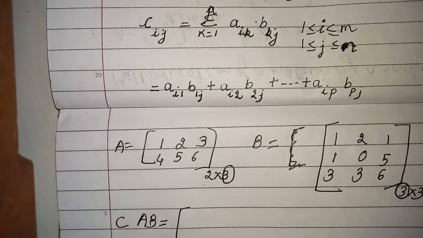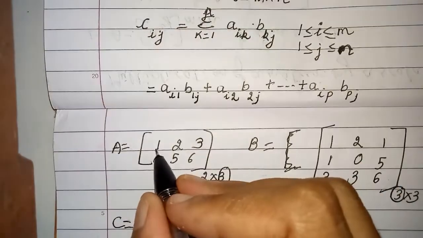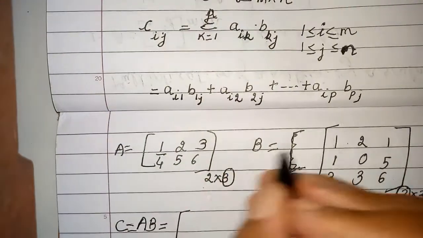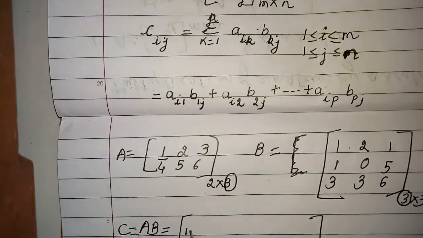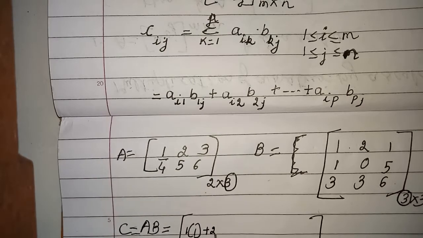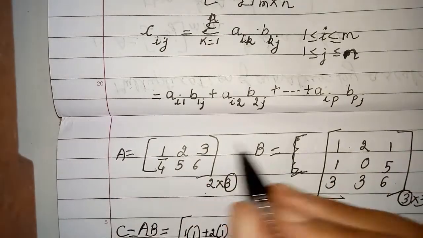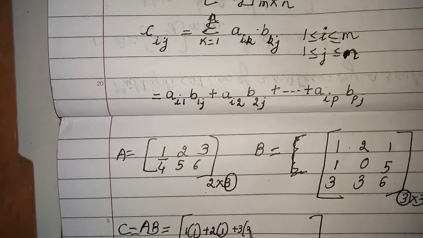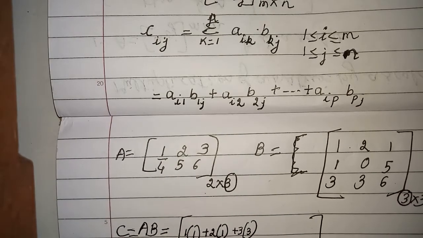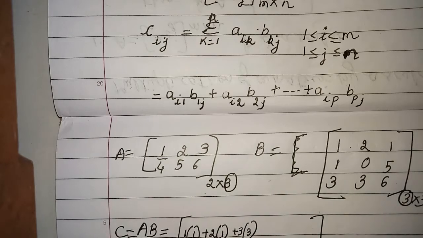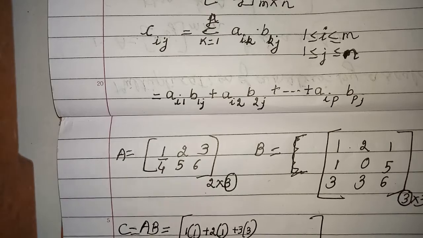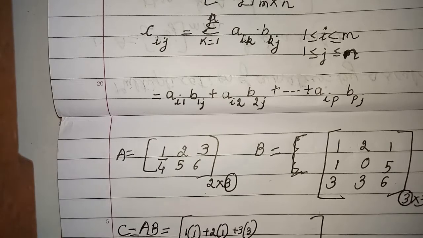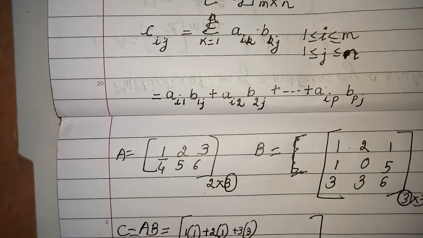In short, it is simple calculation. So first row, first column: 1 into 1 plus 2 into 1 plus 3 into 3. Now this matrix will again be 2 cross 3, m cross n, right? Next, second row and first column. So how will it be, children? It will be 4 into 1 plus 5 into 1 plus 6 into 3.